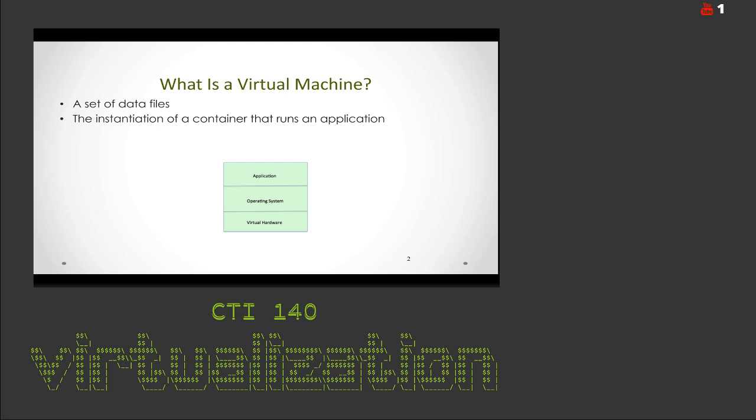The main files that make up a VM are the configuration file and the virtual disk files. The configuration file describes the resources that the VM can utilize. So it enumerates the virtual hardware that makes up that particular virtual machine.